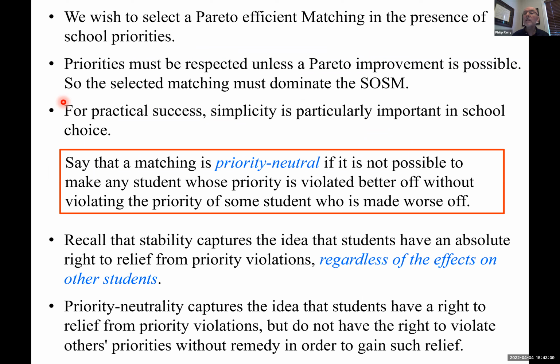And I agree, it would be really interesting to talk about cardinal preferences, or something that gives some indication of how much worse off students would be. So you're basically not taking a stance on that. Yeah. Thanks, Carl.